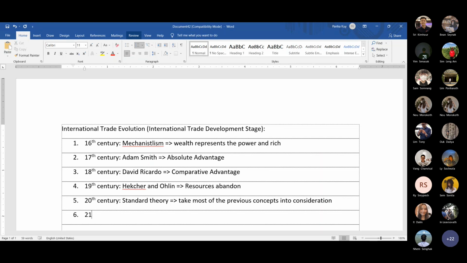And then the 21st century. Those are the big ones, but we don't go to the 21st century, okay.